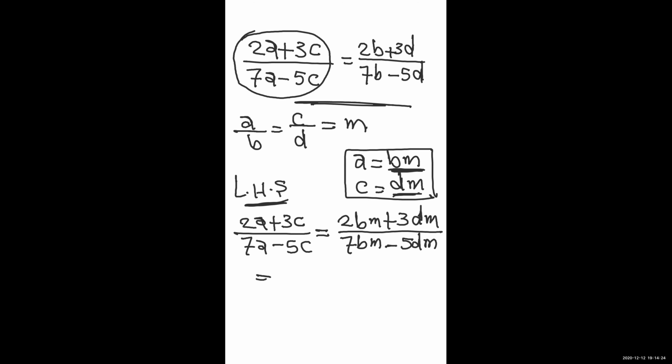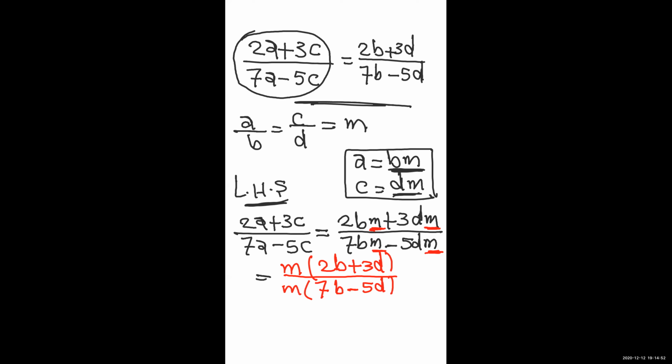Now I'm going to take a common factor. Here there is M as a common factor on the two terms. So M, then a bracket, then the remaining will be 2B plus 3D. Over here also there is M as a common factor, so M times 7B minus 5D.